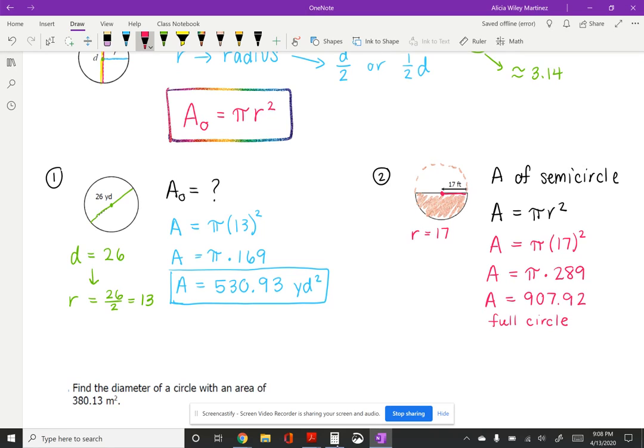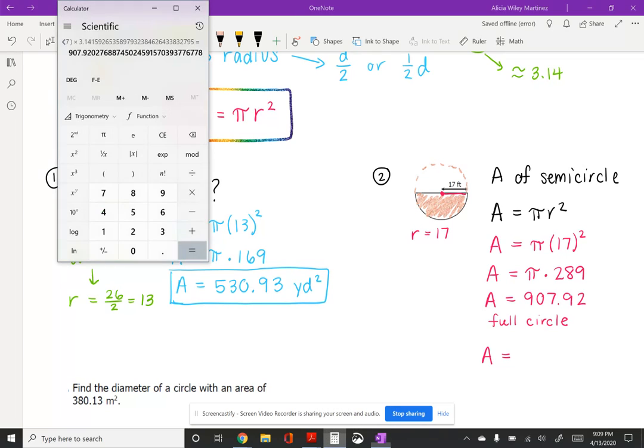Right? We want the area of the half circle. So for the area of our half circle, just take half of this area. So I'm going to do area 907.92, and I'm going to divide it by 2, right? So you could just take your value on your calculator if you've left it there and divide by 2.